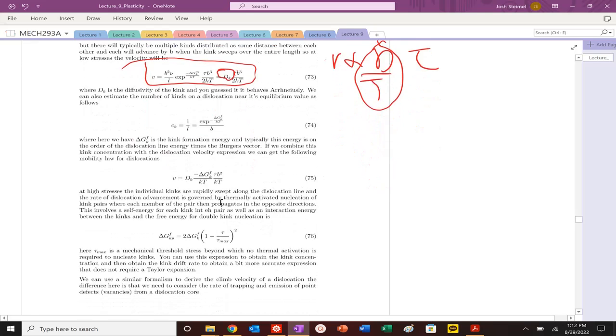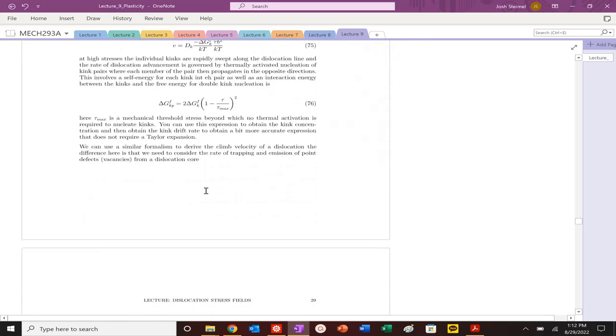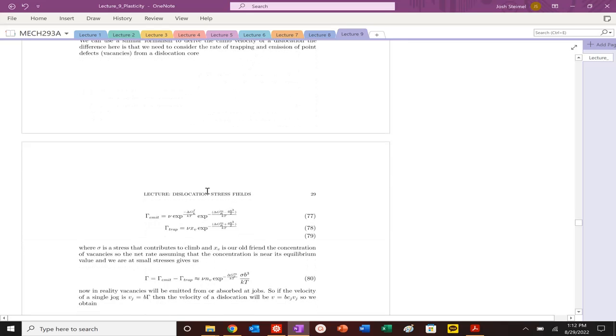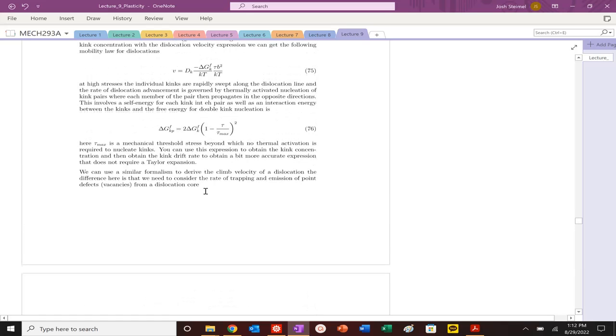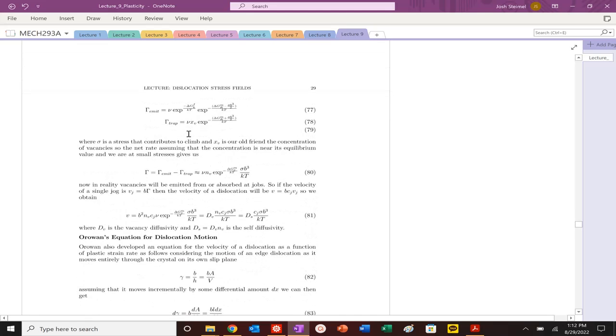We see it as our M factor in nucleation and growth mechanisms, and it appears quite often in materials. So that's a really key parameter in this system. And again, we see that same velocity if you're kinking or jogging.